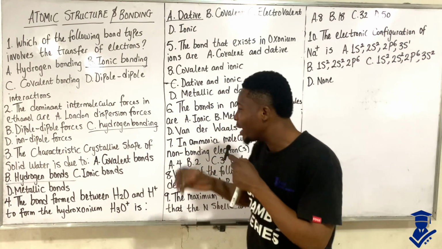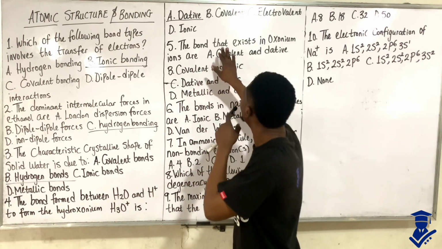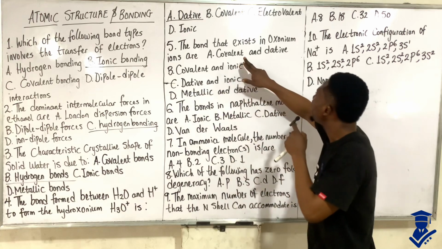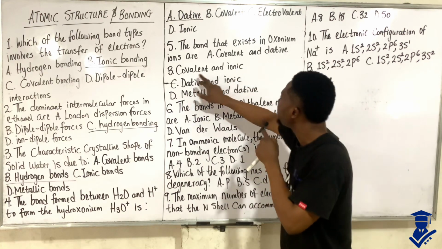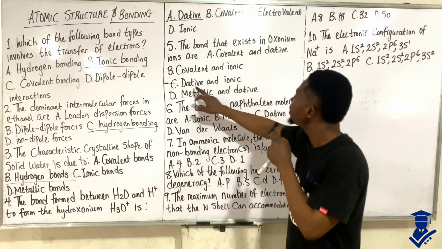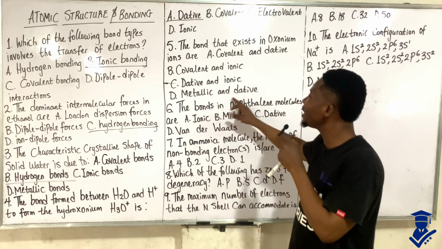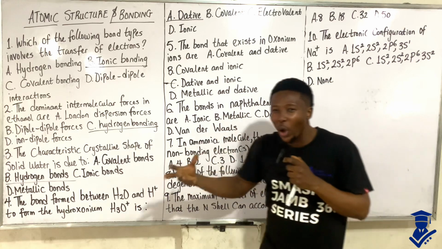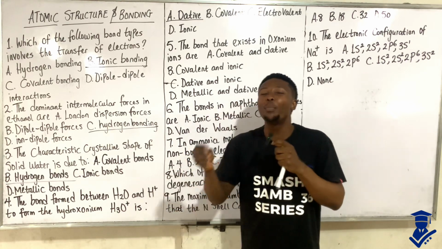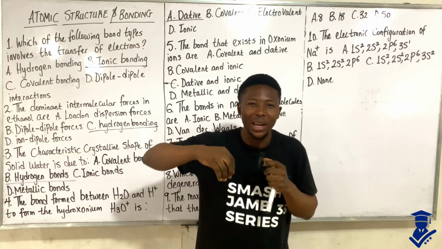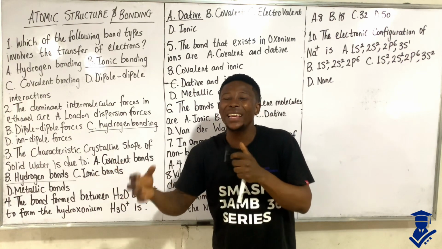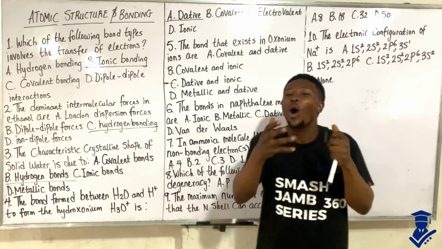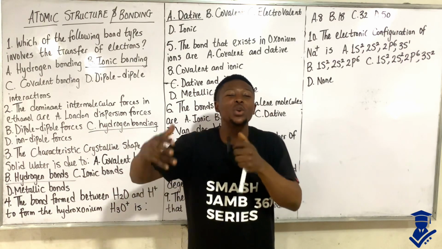All right, the next question says the bonds that exist in hydronium ions are what? A, covalent and dative, B, covalent and ionic, C, dative and ionic, D, metallic and dative. Now the bond between hydrogen and oxygen is formed by a covalent bond, and that gives you water.